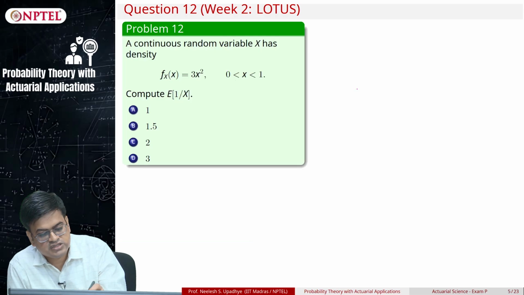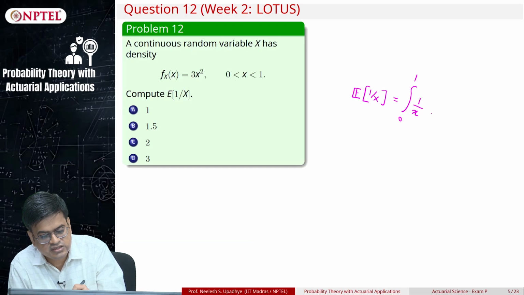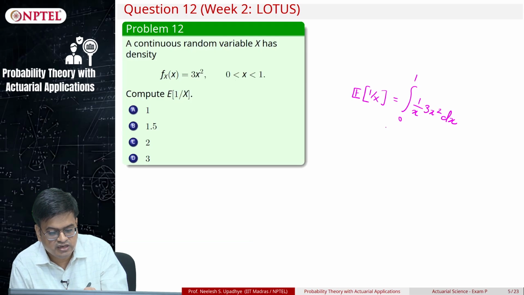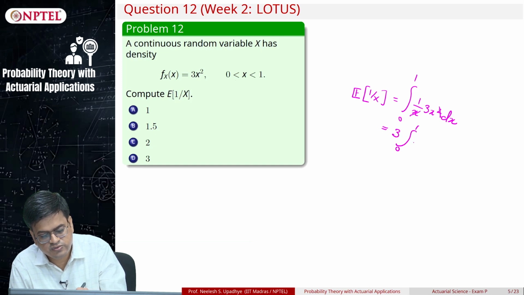The expected value of 1 by x is a mere computational problem, which is going to be the integral from 0 to 1 of 1 by x times 3x squared dx. What will this give me? This x will cancel, and therefore I have simply 3x. So 3 times the integral from 0 to 1 of x dx, which gives x squared by 2.